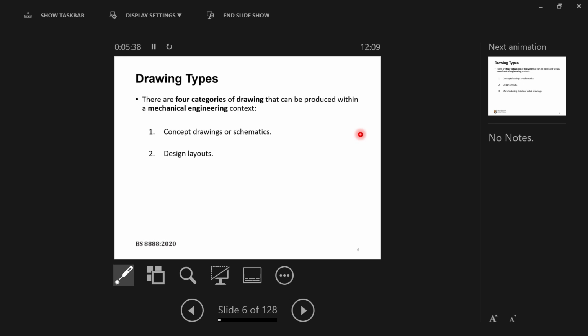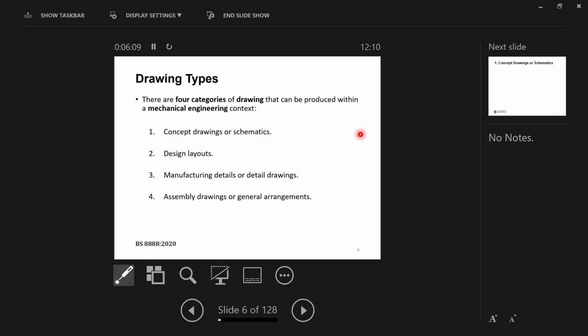It shows the relationship between components and some more details about each component. Then the third category is the detailed drawings, or the manufacturing details or manufacturing drawings. This is where you need to communicate lots of information so that the manufacturer can manufacture the part that you have designed.